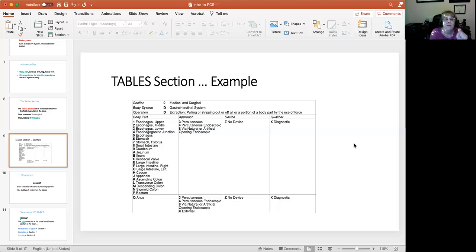And then via natural or artificial opening endoscopic. So natural openings, we have the nasal nares, the openings of your nose. You have your mouth. You have your urethra and your anus.